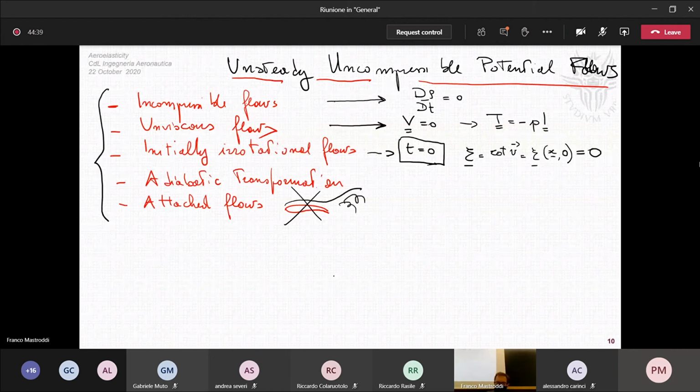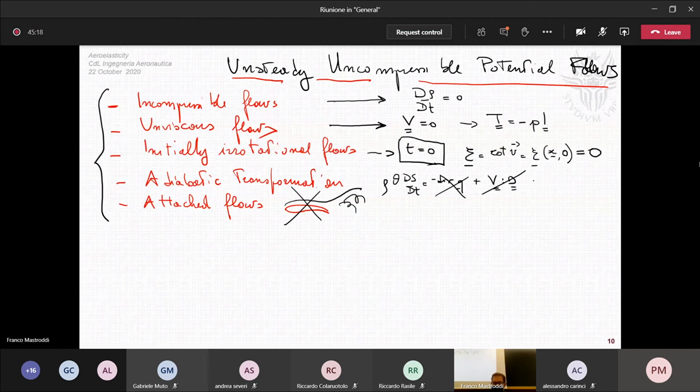Okay, adiabatic transformation: you have R theta ds on dt equal to minus divergence of Q plus tau dot dot D, remember? And you have this 0 because the viscosity is 0. You have adiabatic transformation, so adiabatic means no heat flux vector, and therefore you have isentropic flow.